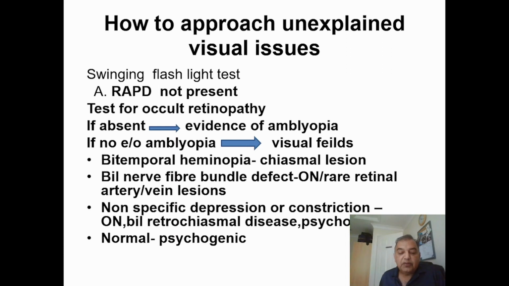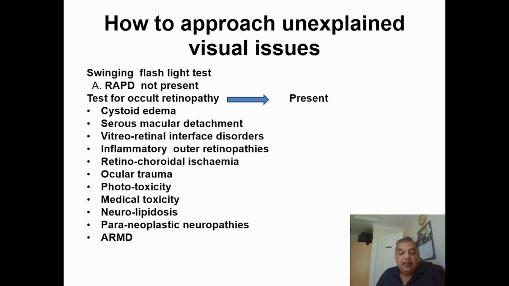And of course, if there's non-specific depression or constriction, now one could think of optic neuritis. Optic neuritis usually produces a small point of defect of vision called a scotoma. Psychogenic issues can also present with all sorts of bizarre manifestations, and if everything is normal and there's unexplained vision loss, we would obviously think of psychogenic issues.